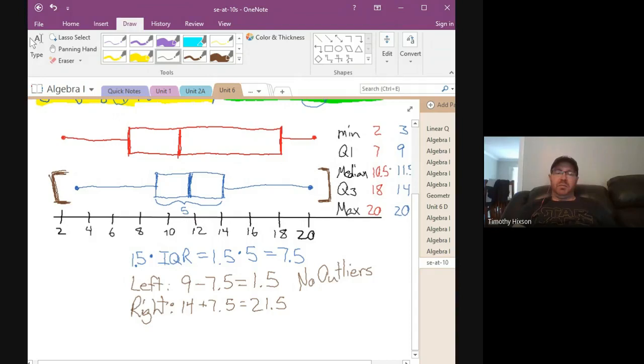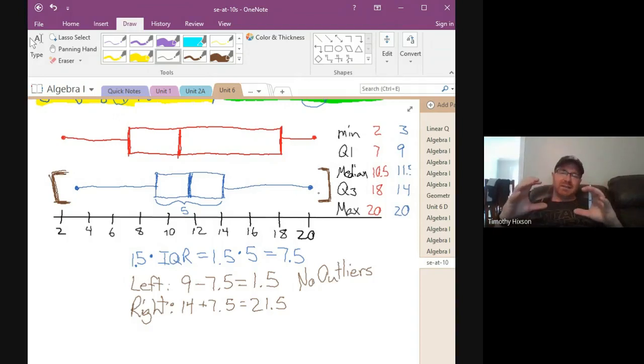Here on the blue, if I asked you if 13 was an outlier, well, that's in the box. That cannot possibly be an outlier. So outliers have to be outside of the box. So keep in mind, if I ask you something like that, that should be a gimme question. That should be one that you get really easily, because if it's inside the box, if it's between the quartiles, you know it's not going to be an outlier.